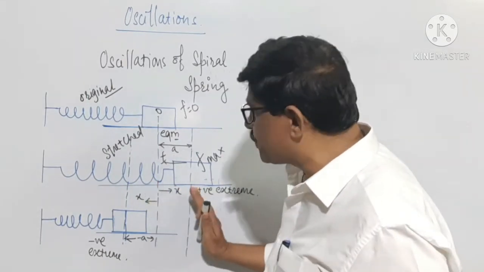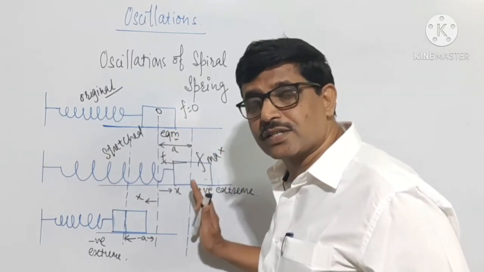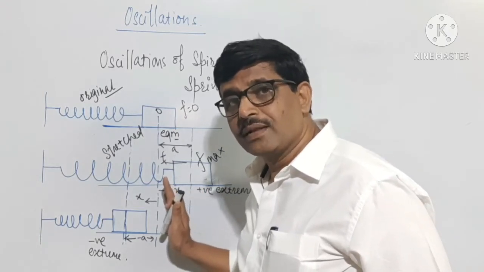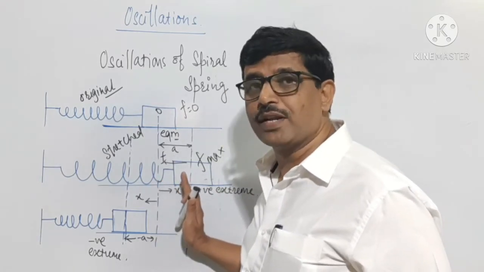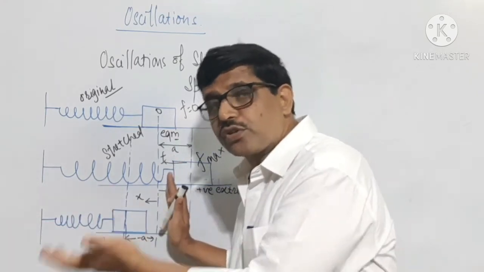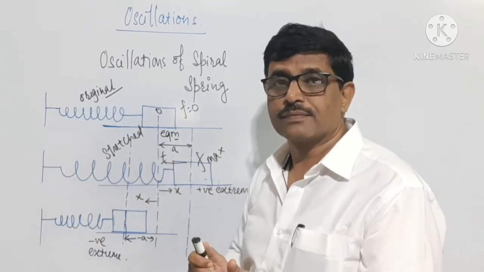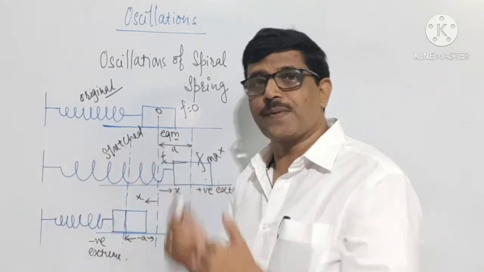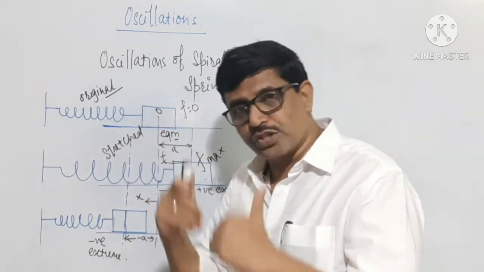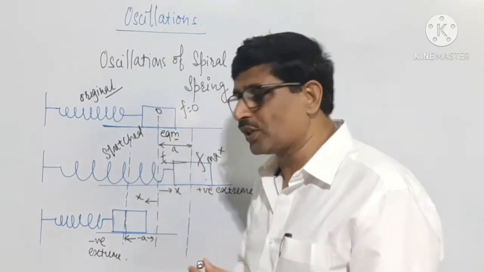With increase in displacement, more is the elongation, more is the force. When displacement is decreasing, the force is also decreasing. When it comes to the equilibrium, force and displacement both are zero.